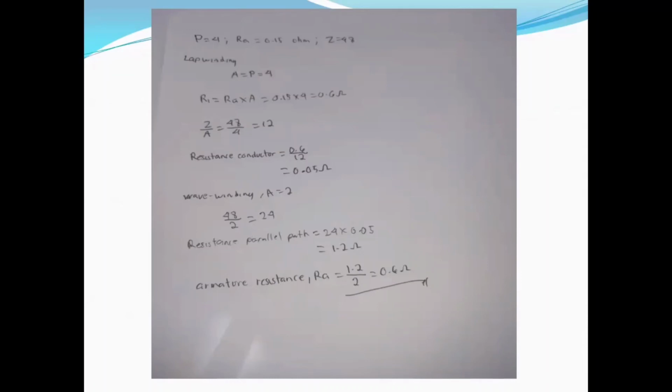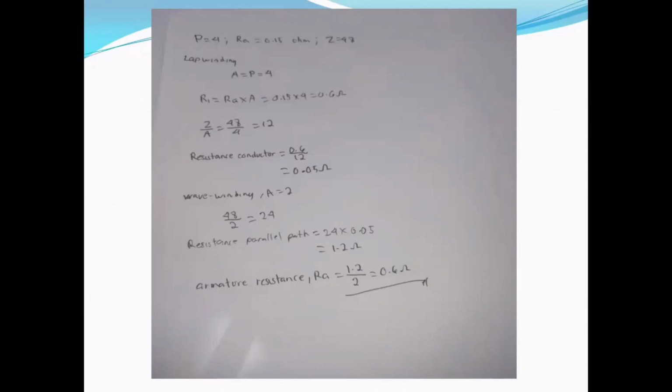Then for wave winding, A is equal to 2. Before, A was equal to 4, now A is equal to 2. So 48 over 2 is equal to 24. Then to get the resistance of each parallel path for wave winding, 24 times the conductor resistance 0.05 is equal to 1.2.